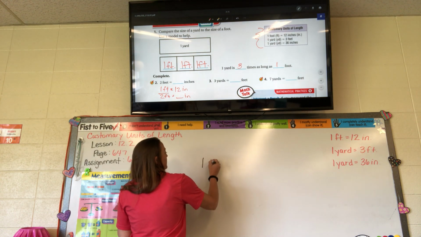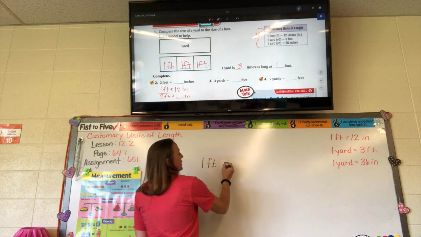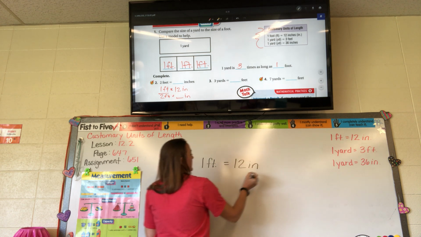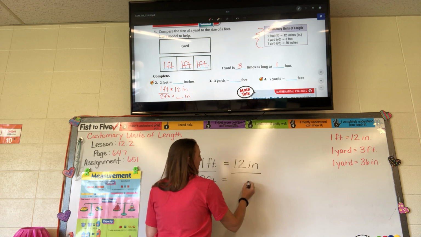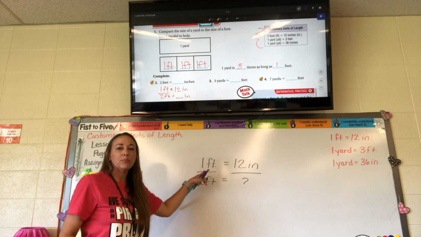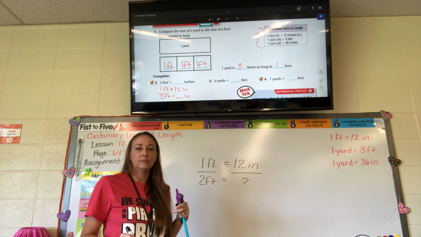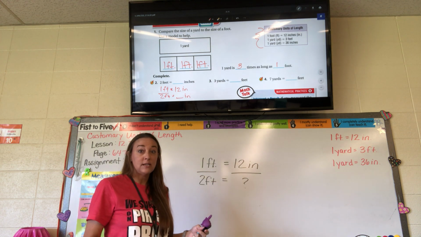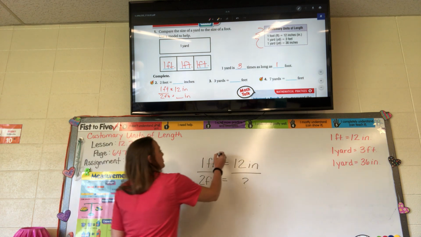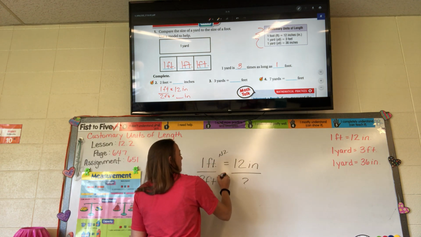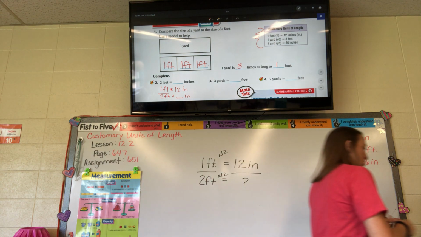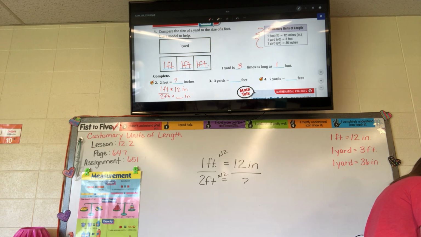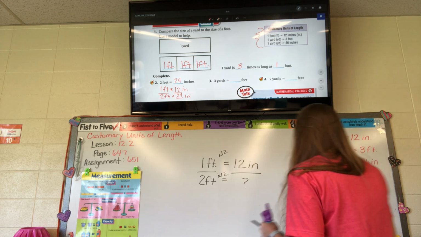Our comparison is 1 foot equals 12 inches. So if we have 2 feet, we need to get how many inches that is. What do you multiply 1 times to get 12? 12, right? And if you do it to the top, you do it to the bottom. So we're going to multiply times 12. 2 times 12 equals 24. So it's 24 inches. Okay.